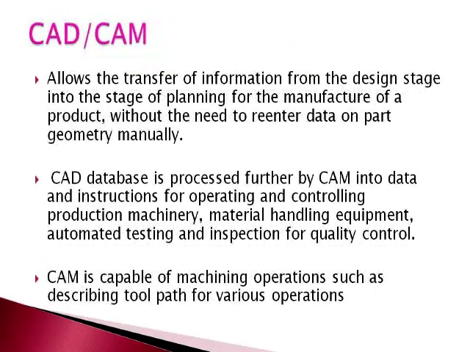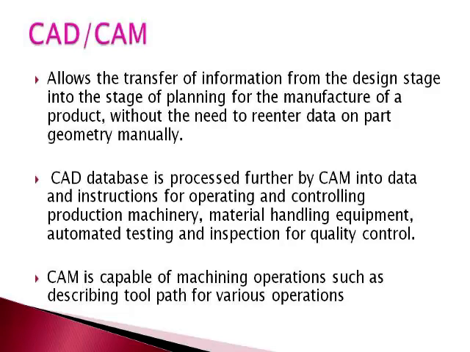CAD/CAM allows the transfer of information from the design stage into the stage of planning for the manufacturing of a product without the need of re-entering the data on part geometry manually. The CAD database is processed further by CAM into data and instructions for operating and controlling production machinery, material handling equipment, and automated testing and inspection for quality control.